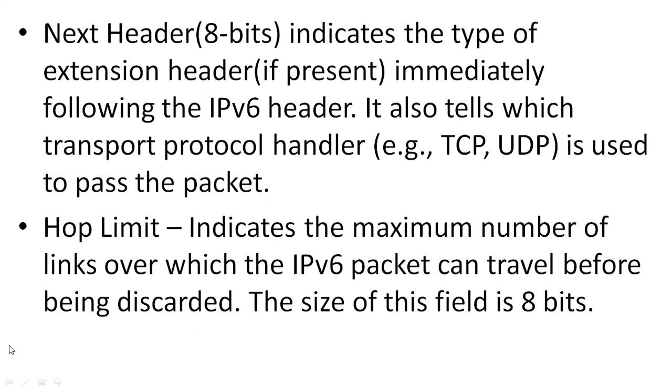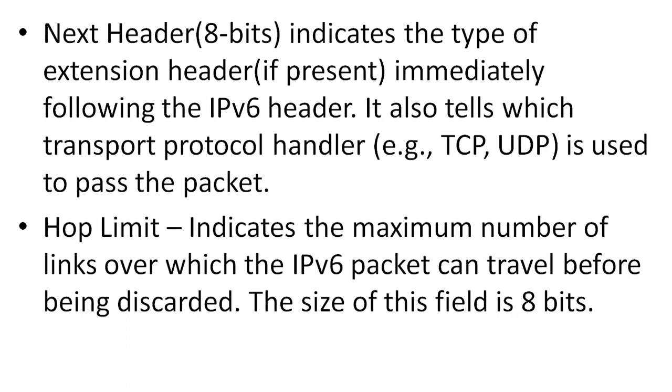If our packet has extension header elements, then this next header, using the 8 bits, indicates the type of extension header following the IPv6 header, and it also tells which transport protocol handler is used to pass the packet. Either you can use TCP or UDP. So it tells the transport protocol handler.